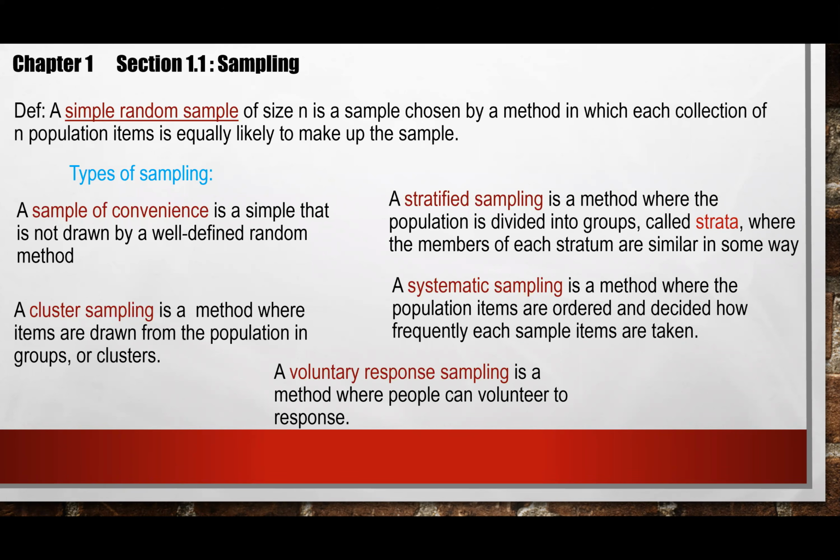The last one is the volunteer response. This is not really a good way, but it still works. The reason it's not a good method to collect items is that most of the time the volunteer responses would be biased. So for instance, if you're driving on the highway and you look at a truck and it says, how is my driving?